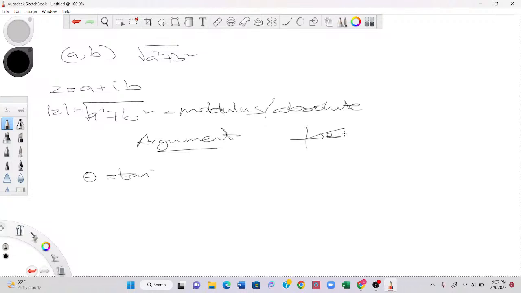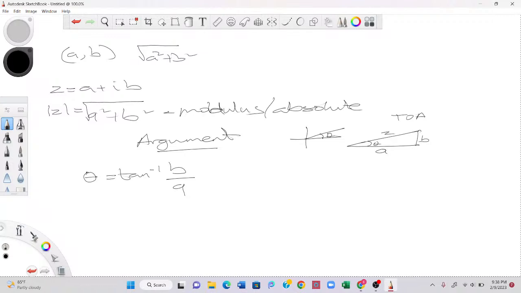You can see that it will form a triangle, with here being your complex number, here being your a, and here being your b. Opposite over adjacent: tan inverse of b over a. That's your argument, or your angle, the angle your complex number makes with the real axis.